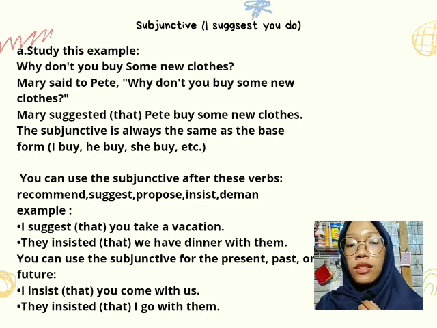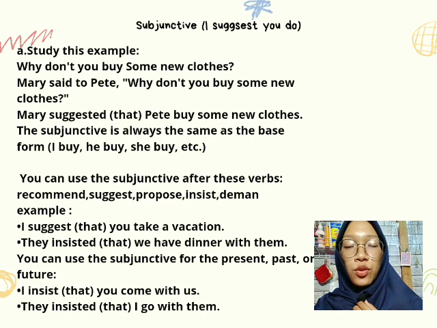You can use the subjunctive after these verbs: recommend, suggest, propose, insist, or demand. For example, I suggest you take a vacation. They insisted we have dinner with them. You can use the subjunctive for the present, past, or future.